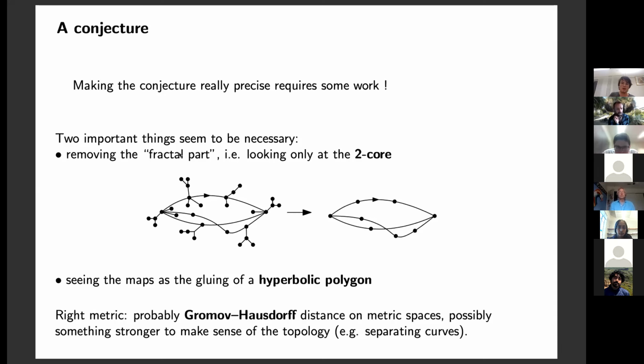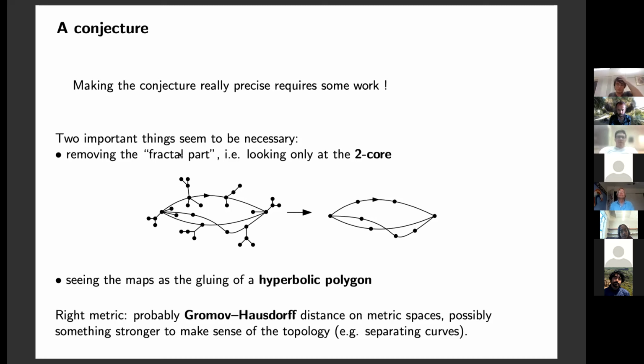So the right metric that we think is best to compare these two models is the Gromov-Hausdorff distance on metric spaces, which allows you to compare metric spaces, so that as the genus goes to infinity, there is a coupling between the two random models such that the Gromov-Hausdorff distance goes to 0.